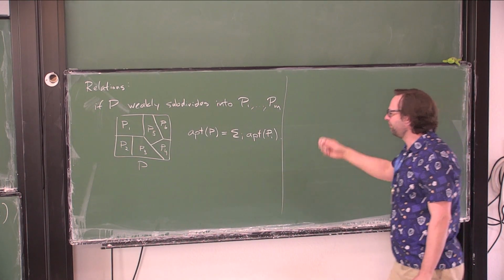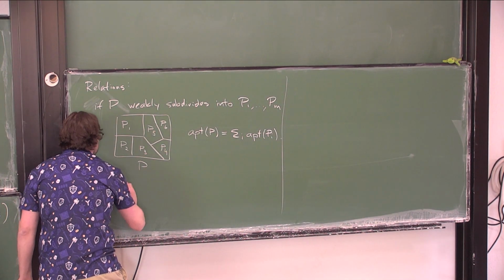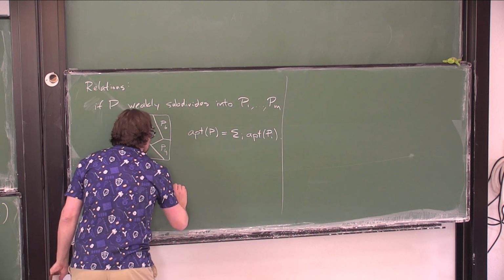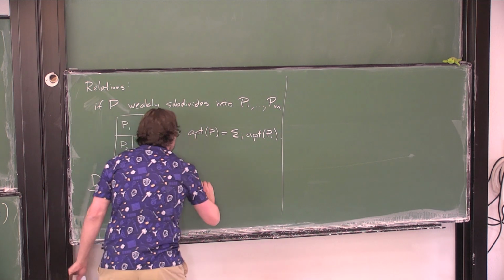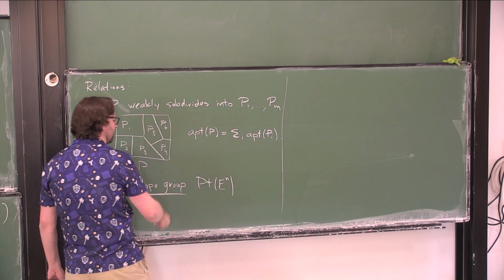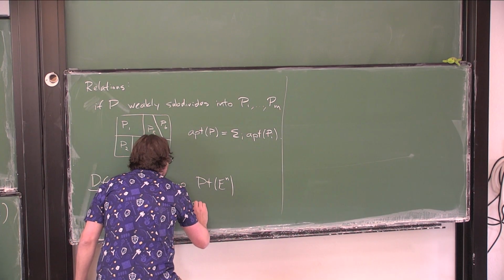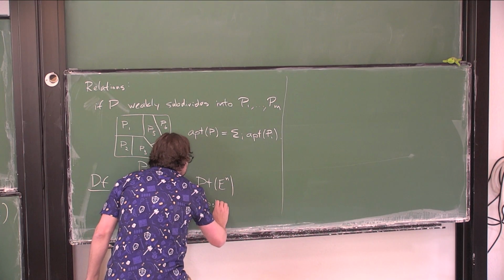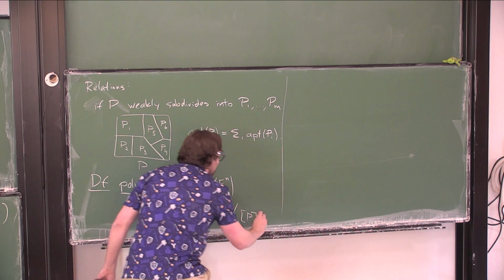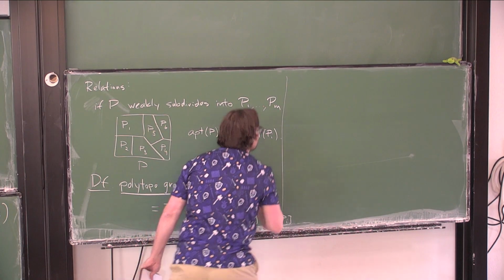All right. So a way of stating this more precisely is if we let the polytope group Pt of E^n be the group of polytopes up to subdivision, so let that be the free abelian group on the convex polytopes, modulo this relation that when P decomposes in this way, the class of P is the sum of the classes of the P_i's.